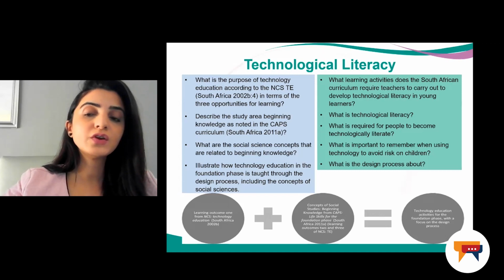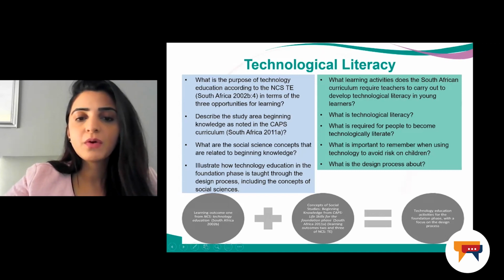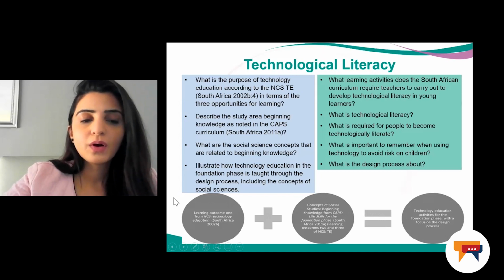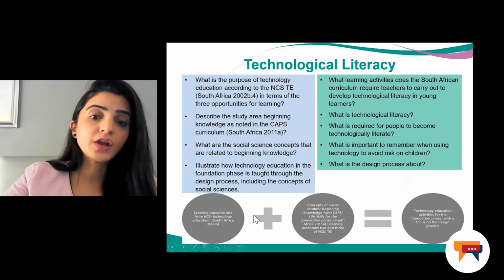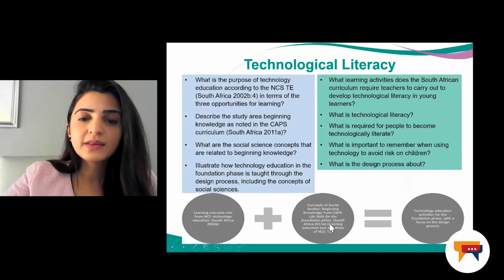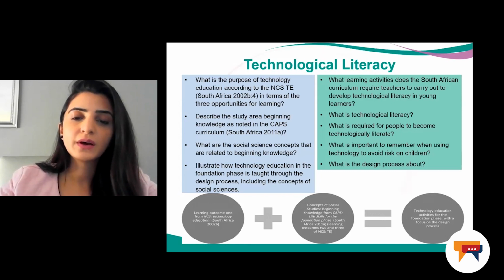So it's very important for you to understand that. And if you look at this diagram, it's a brief diagram of learning outcome 1, like I spoke about earlier, that is expected in the foundation phase, and how those concepts from that beginning knowledge in the CAPS document relate to outcomes 2 and 3.